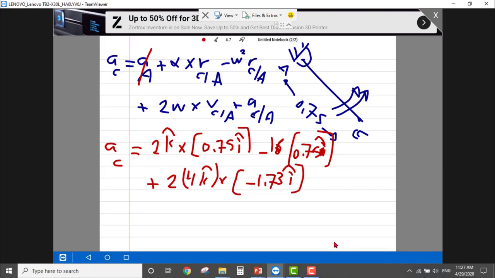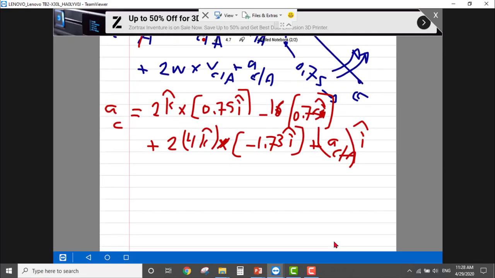Plus, I will assume that this component is positive, so I will write it here, plus AC with respect to A in the positive I direction.